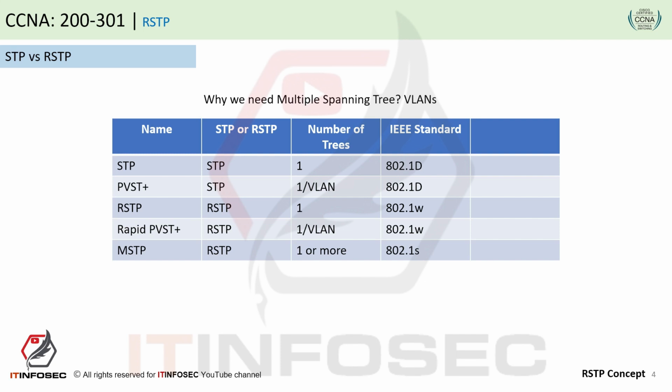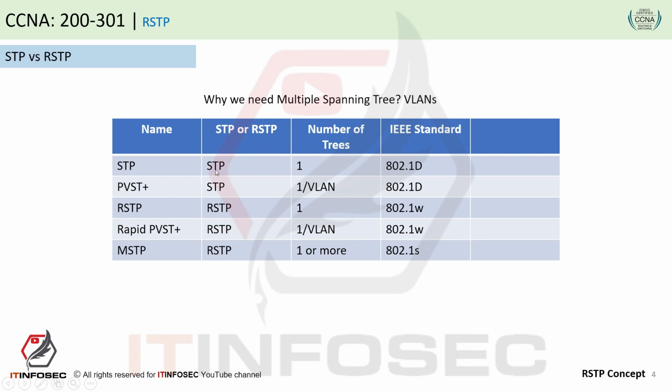Again, after introducing RSTP, or the 802.1w protocol, in 2001, Cisco created another proprietary protocol known as Rapid Per VLAN Spanning Tree Plus or RPVST+.